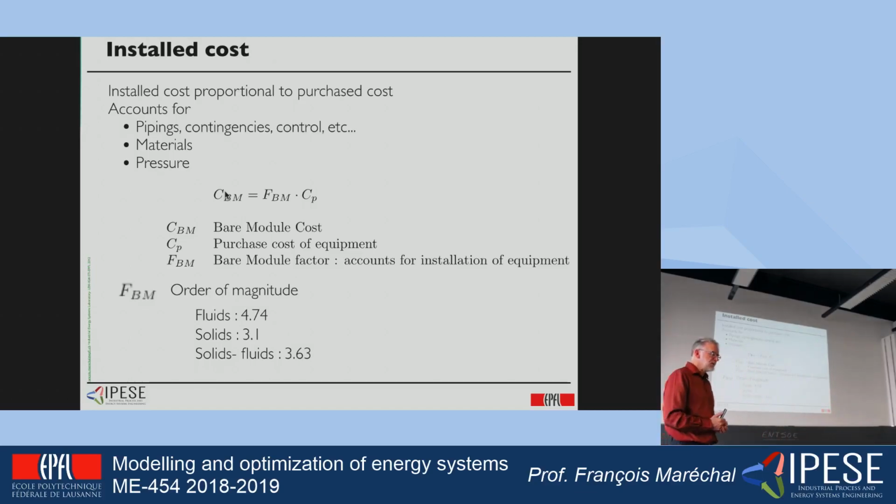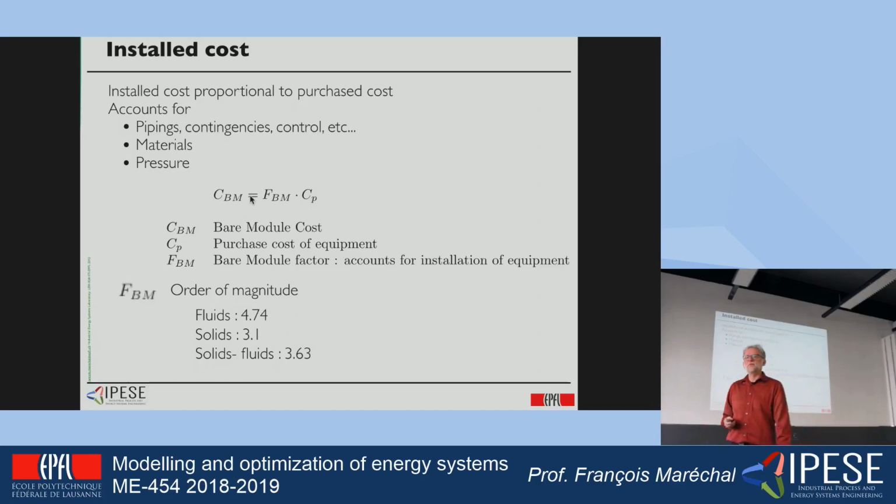So now it remains one small problem, which is the fact that I'm going to buy a heat exchanger. So I will have the bare module cost here, which will be expressed in euro or in Swiss franc, that I would like to be able to compare with the operating cost that I will have typically in Swiss franc per year.